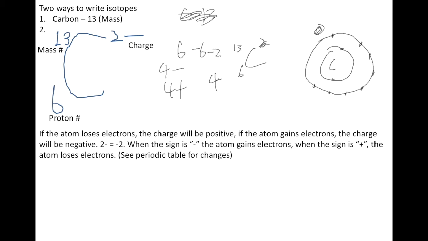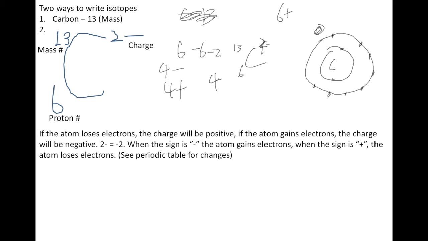Valence is just the number of electrons on the outer shell, but we'll talk about that more later. So let's change this to 4 negative here. We know that in the nucleus there are 6 protons, so the nucleus will have a charge of 6 plus. Now the outer shell already has 1, 2, 3, 4, 5, 6, 7, 8, 9, 10.